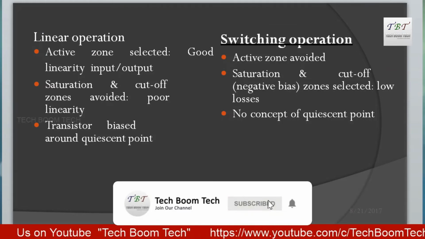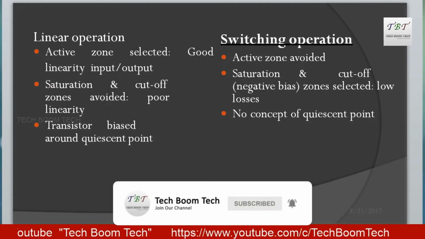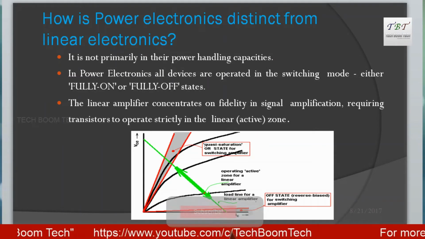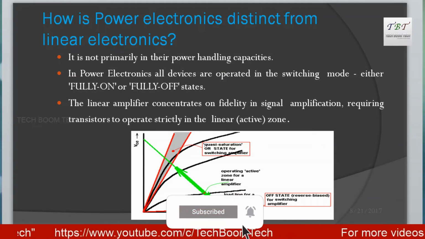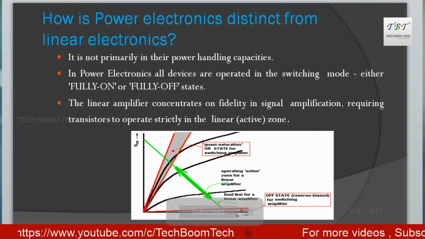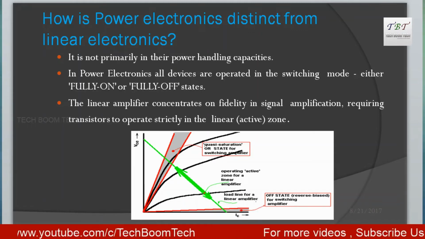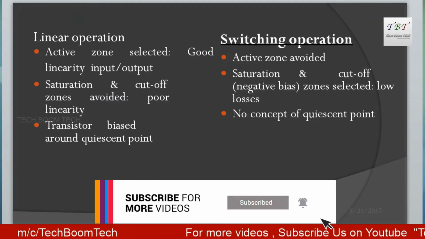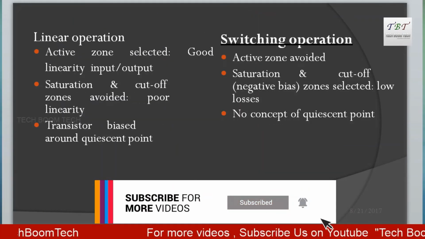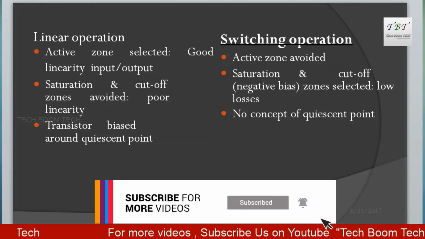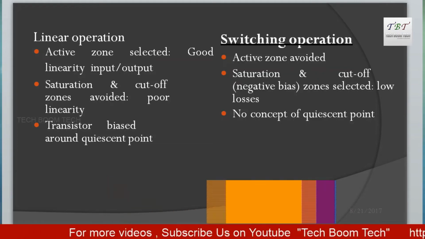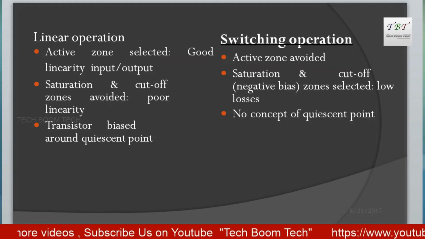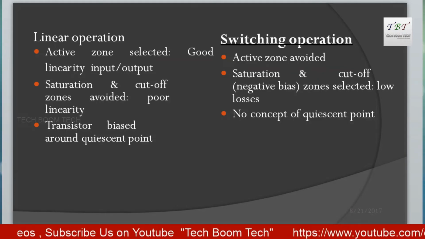So in power electronics, we are preferring the switching operation, and you can see in the diagram, you can see the red lines, and power electronic devices operate in the on state or in the off state, not in the linear region. So here are some differences listed between linear operation and switching operation. Linear operation will happen in active zone. Switching operation will happen in saturation and cutoff zones.